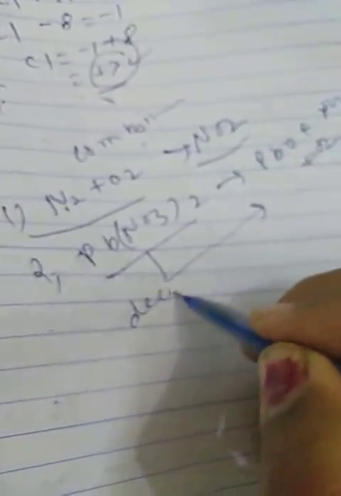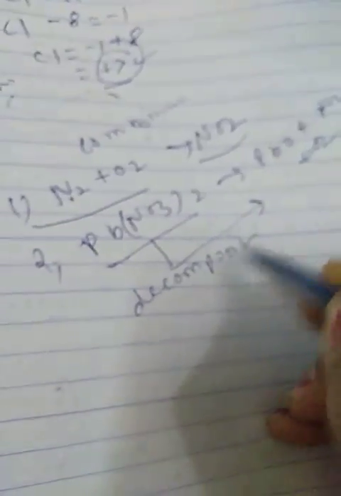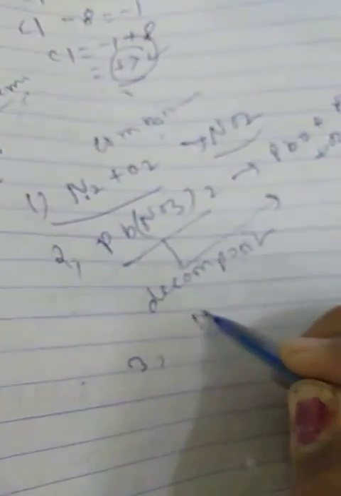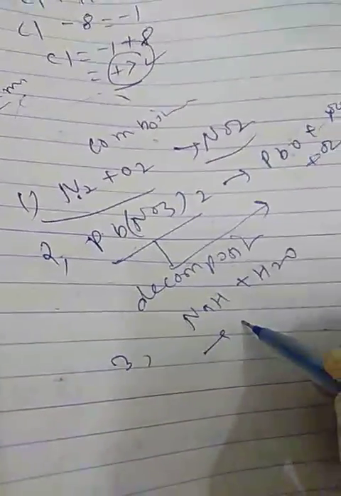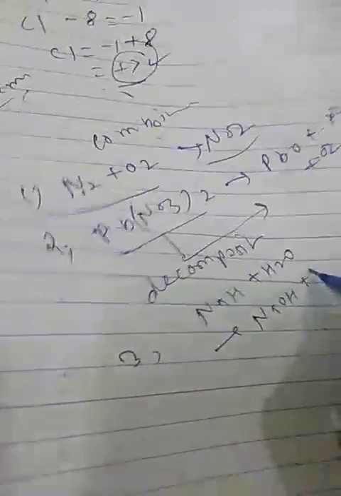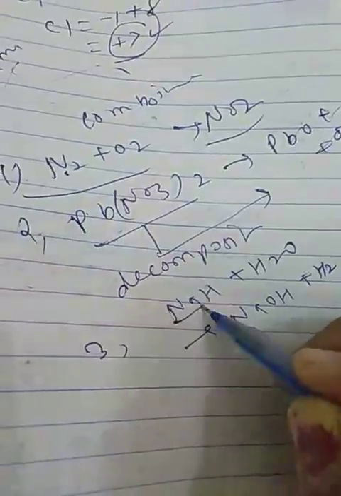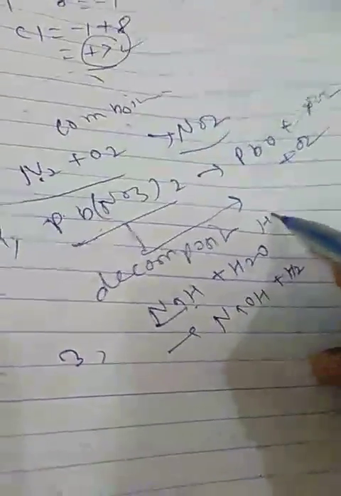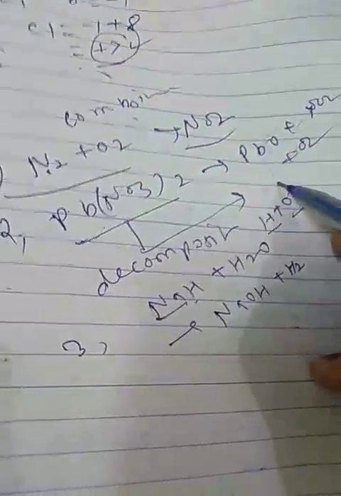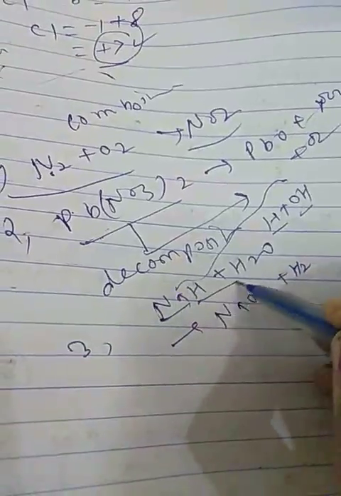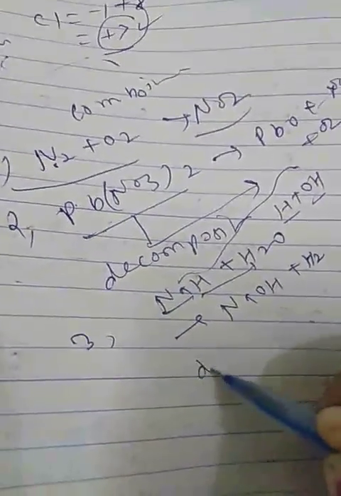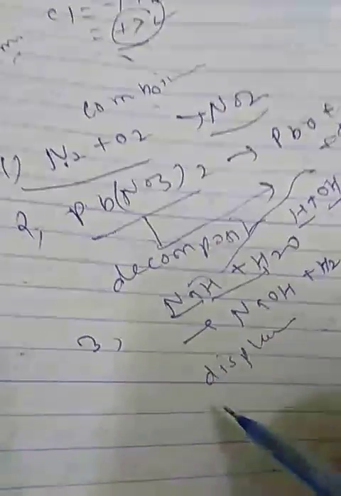This is an example of decomposition because this compound is going to decompose into different compounds. The third one, sodium hydride plus H2O gives NaOH plus H2. You can see Na, H, and OH ion: the OH ion is coming here and H is going there. So this is an example of displacement.